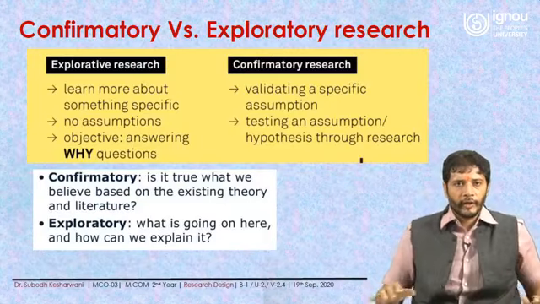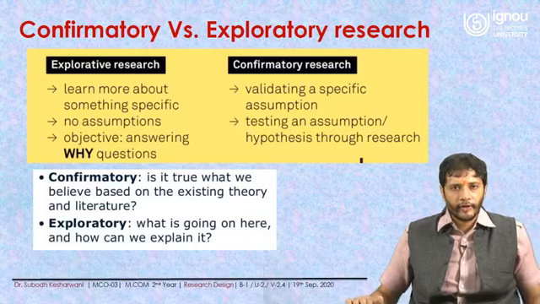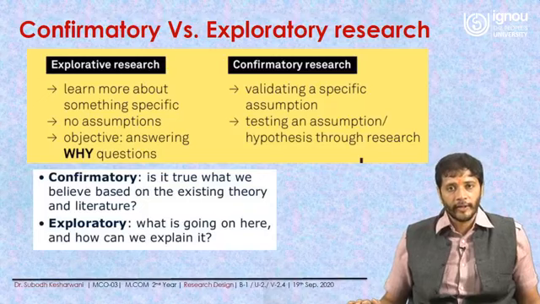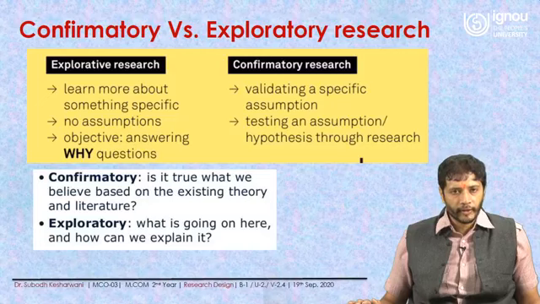If you talk about confirmatory versus exploratory research: exploratory is to learn more about something specific, with no assumptions, objective, answering why questions. Confirmatory is validating a specific assumption, testing an assumption or hypothesis through research. So confirmatory asks: is it true, what we believe based on the existing theory and literature?